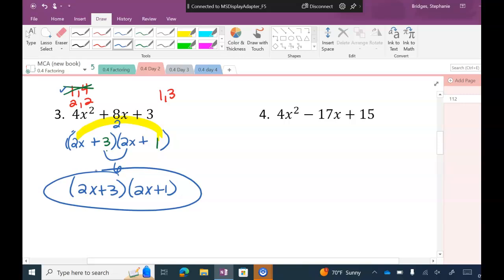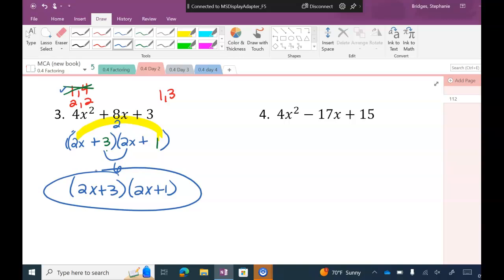And again, I'm going to show you the same method up here on the board. So remember, first term comes off in the little cloud. Write that first term without that number. Middle term stays the same. 4 times 3 gives me 12.